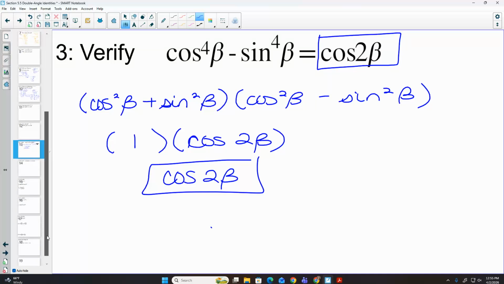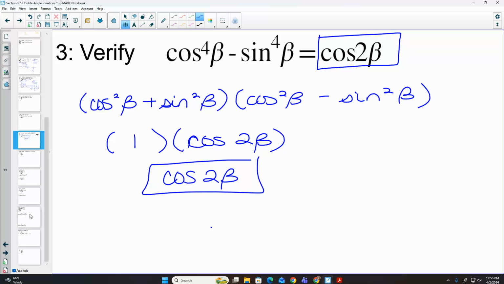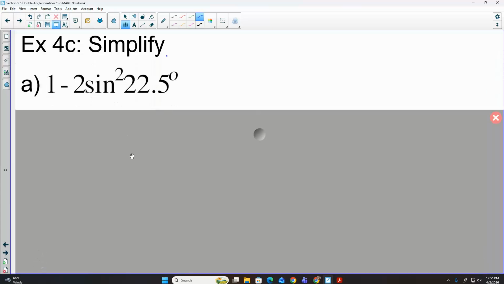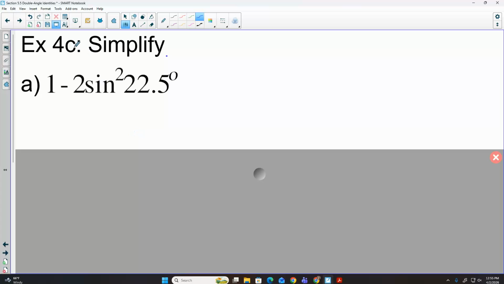I'm going to ask you to simplify this. We don't know the sine of 22.5 degrees. But what formula does this look like?